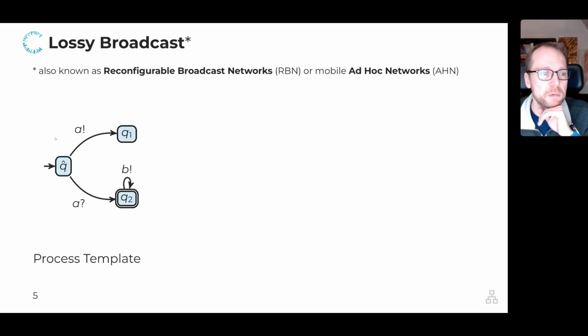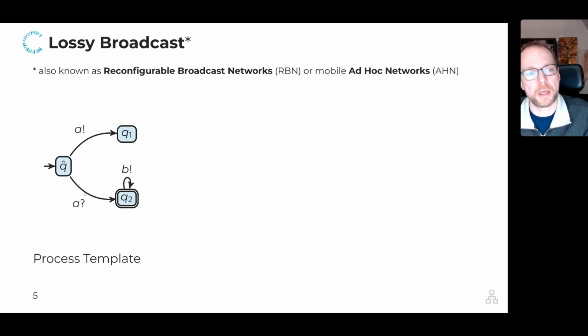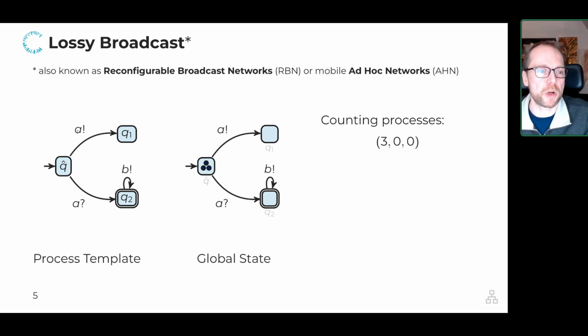Well, if this is our process template, so every process executes this program essentially, then transitions can be labeled with either a sending action A or a receiving action A. And if a process executes the sending action A, then other processes can receive this A message and can react to it by taking a receiving action A. So in this example, we start with 3 processes in this initial state here.